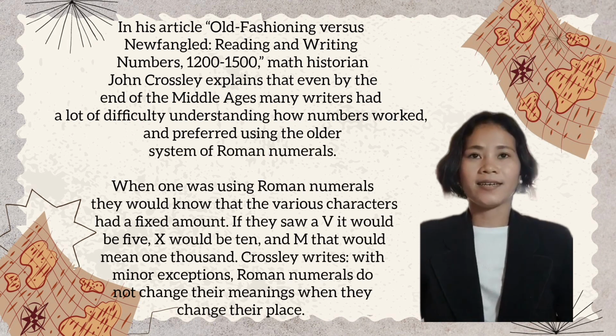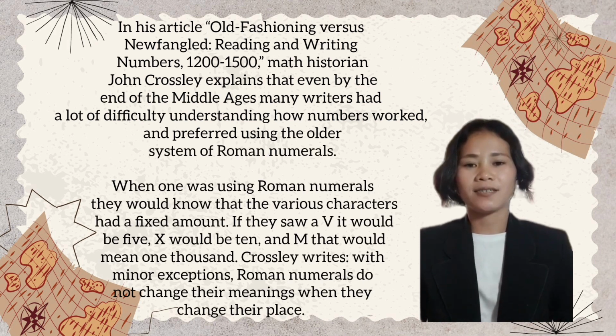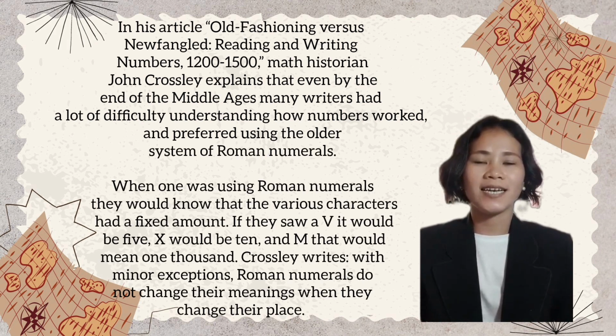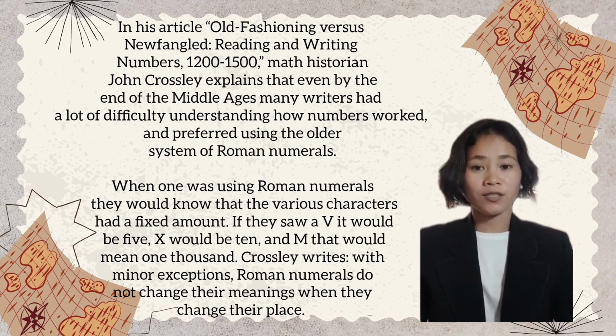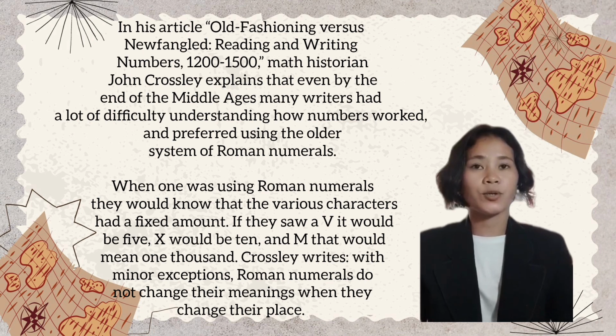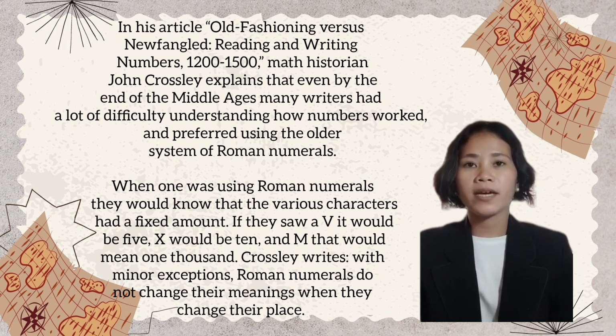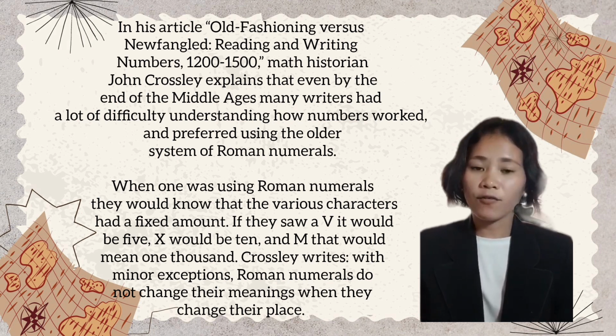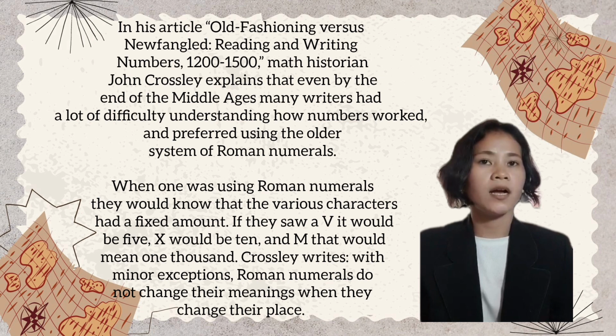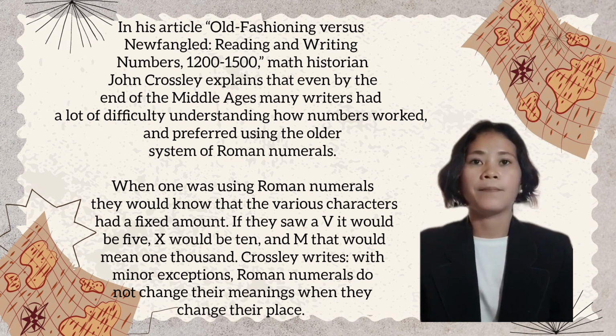In his article, Old-Fashioning versus Newfangled, Reading and Writing Numbers 1200 to 1500, math historian John Crossley explains that even by the end of the Middle Ages, many writers had a lot of difficulty understanding how numbers work and preferred using the older system of Roman numerals.